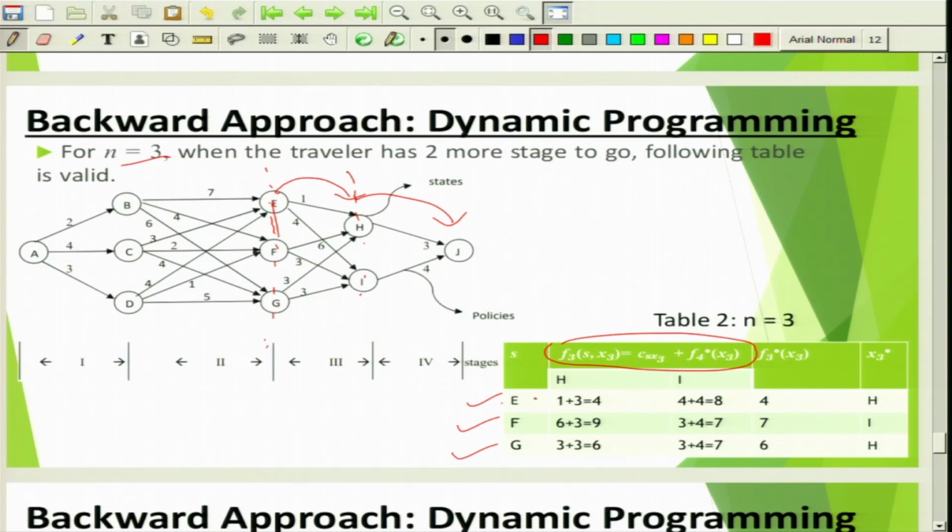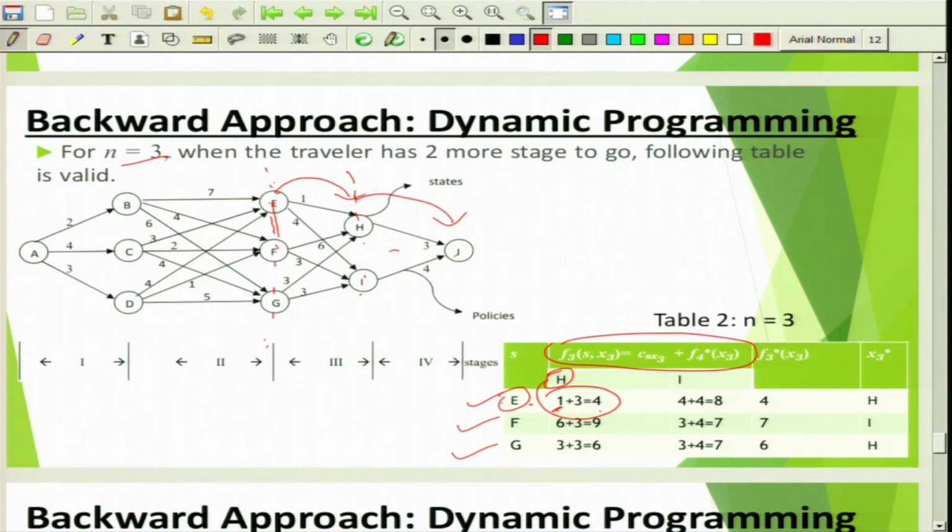That means from E to H, if you are starting from E, what is the total cost? E to H is 1, and from H onwards, the most minimal is 3. So the total cost is 1 plus 3 equals 4, and this makes the overall cost for a person sitting at point E to reach the point J equal to 4.